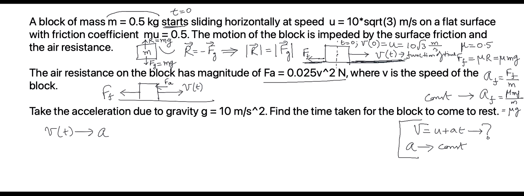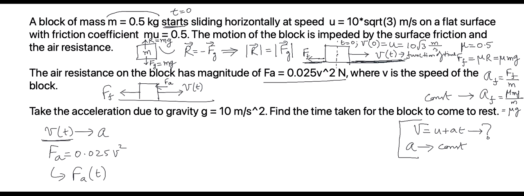Okay. So now, they have very clearly given that FA is not a constant. It is 0.025 V squared. You get that? And we have already seen that V is going to vary with respect to time. This tells us that this FA is a function of time. We have to be careful here. Do you see what I'm doing?